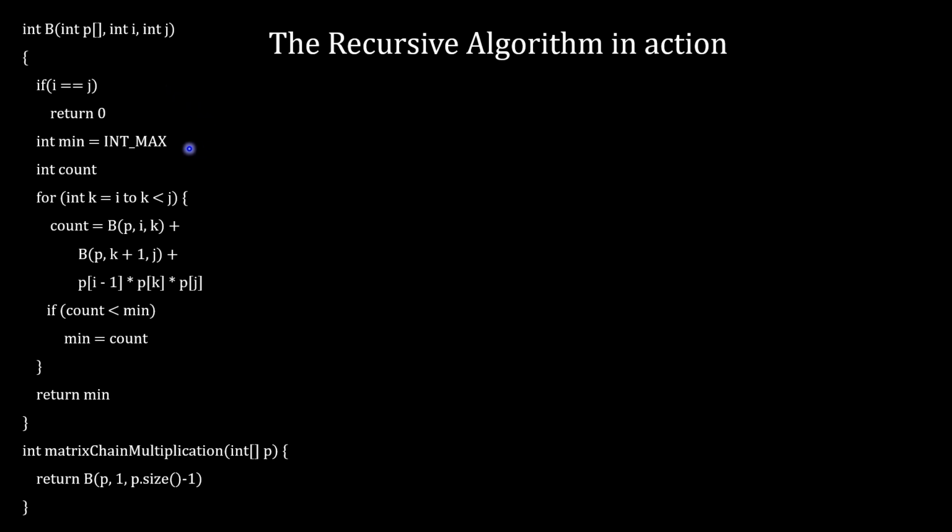We're then initializing the minimum variable as a very large number, so that when we do start looping through, the minimum can then be updated for the first iteration, which is always going to be smaller than this very large number. And then we have a count, which is going to be the number of multiplications. This is the main for loop here.